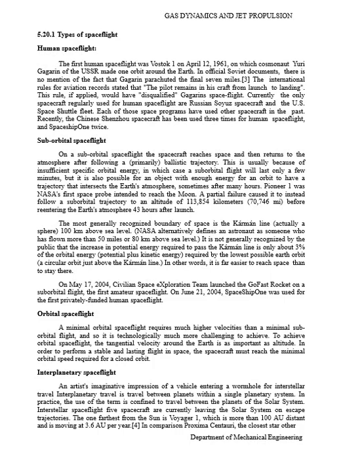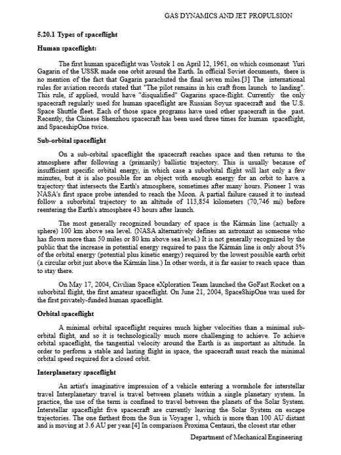The international rule for aviation records states that the pilot must remain in his craft from launch to landing. This rule, if applied, would have disqualified Gagarin's spaceflight. Currently, the only spacecraft regularly used for human spaceflight are Russian Soyuz spacecraft and the US Space Shuttle fleet. Each of those space programs has used other spacecraft in the past.